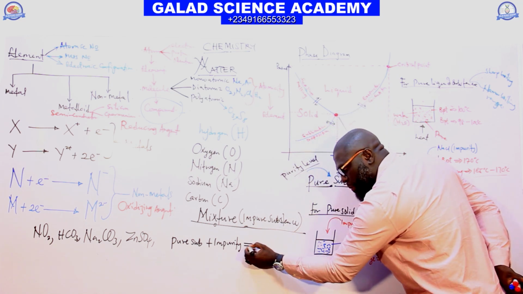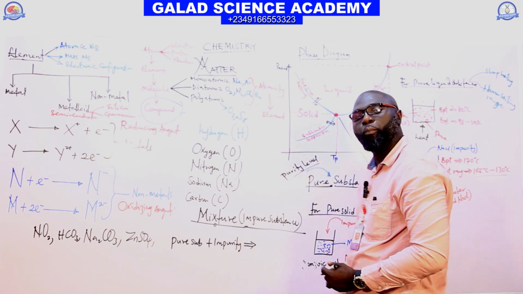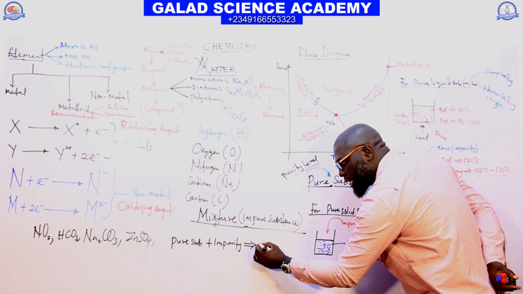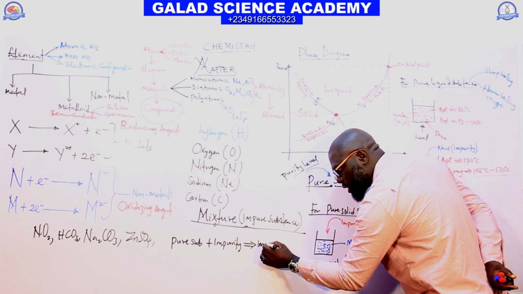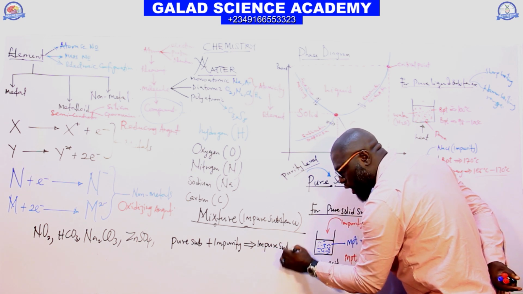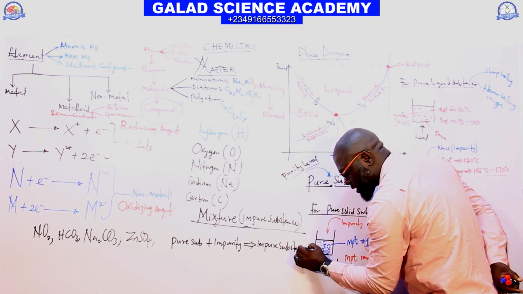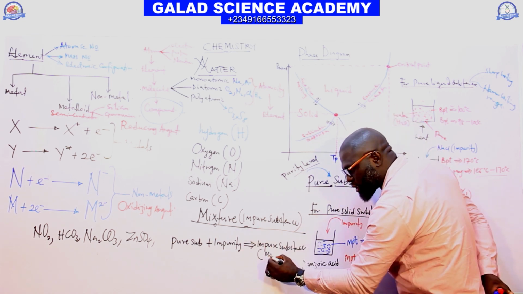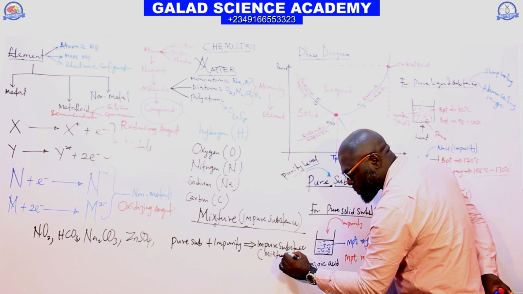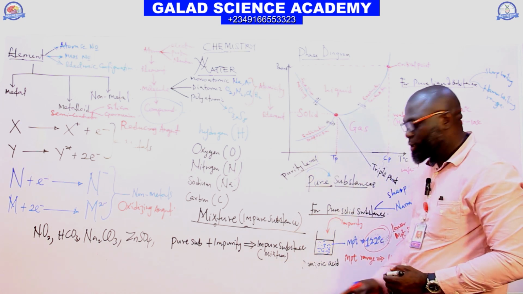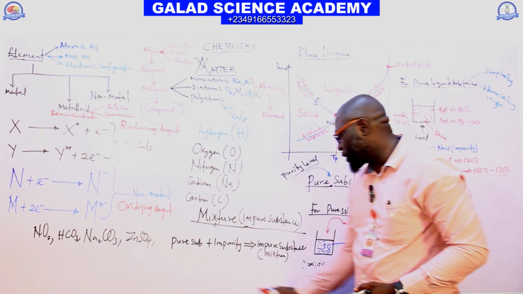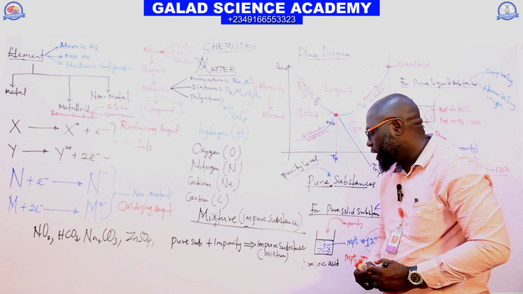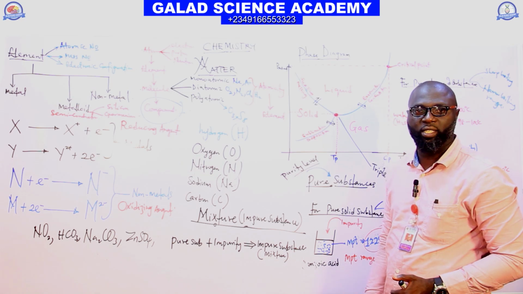So if we add impurity into pure substance, it becomes an impure substance, and this impure substance we can also call mixture. So impurity plus pure substance will give us mixture or impure substance.